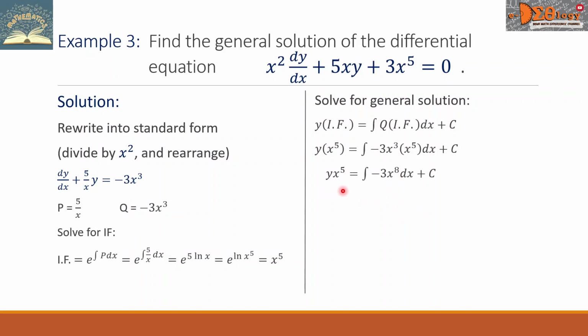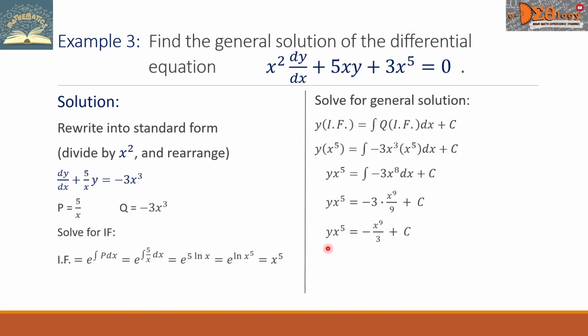We don't do anything on the left side, we just put them together. So the integral of this negative 3x raised to 8 dx will be negative 3 times x raised to 9 over 9, then plus C. We can cancel this 3 with this denominator 9, so we have this negative x raised to 9 over 3.